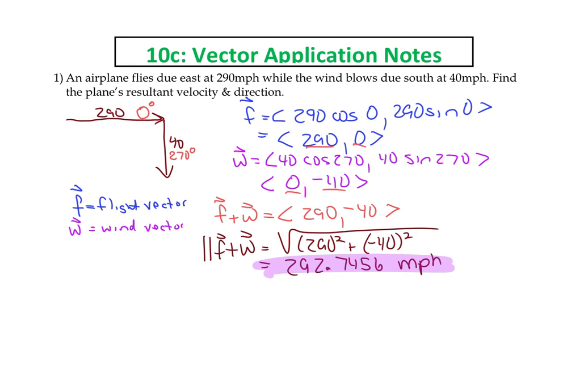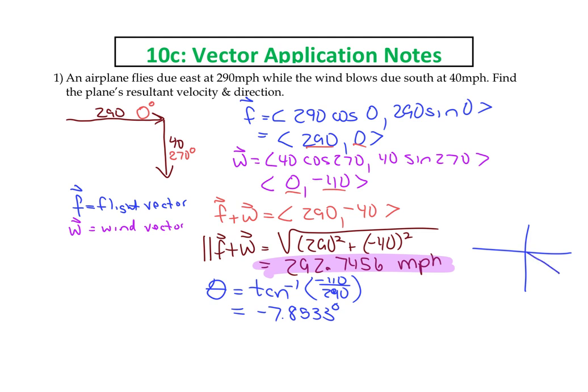And now we're going to find the direction or the angle. And that would be the arctan of negative 40 over 290. And this will give us negative 7.8533 degrees. What we can think about is the components: positive, negative, so I know I'm down here, and that's negative, so I have this angle here.